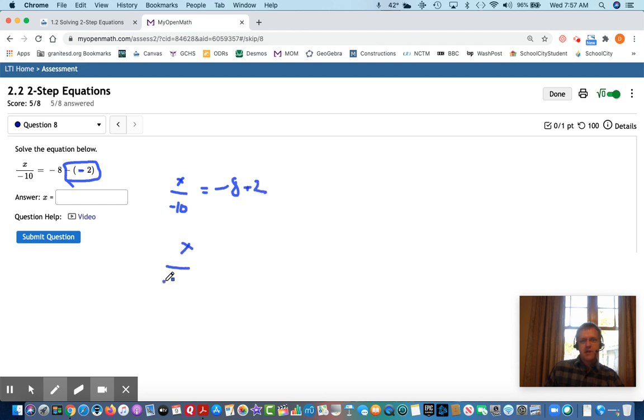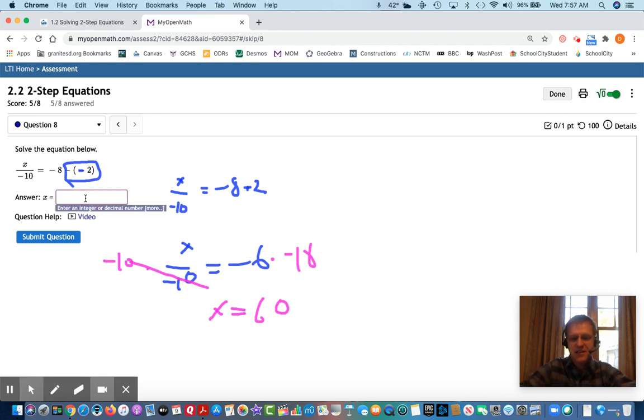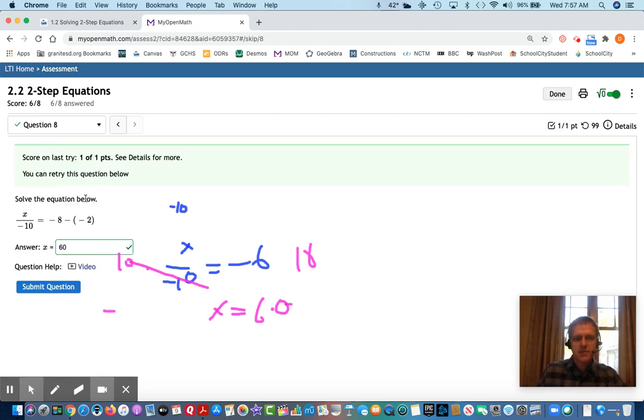And so doesn't that mean -6? And so then you would multiply it by -10, multiply it by -10. So those cancel out, and you would get 60. Wow, my hand's getting tired of writing with the mouse. Sorry about that. And so we get 60.